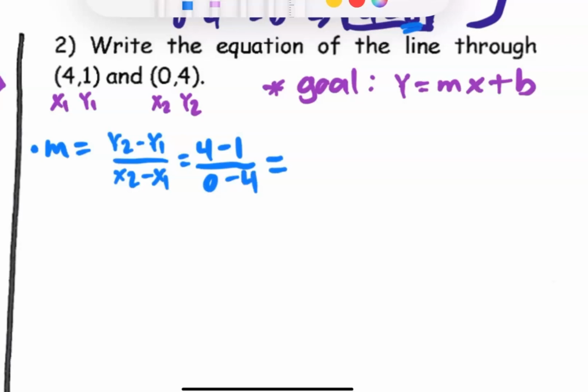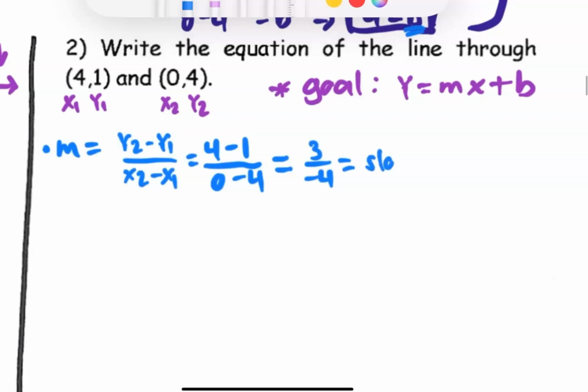You can plug this into the calculator or do it in your head and you get 3 over negative 4. That is my slope. Then we're going to go ahead and find the y-intercept, which is the same as b.